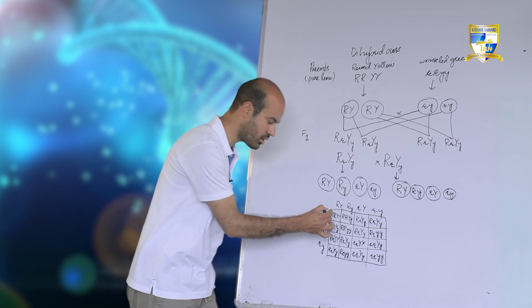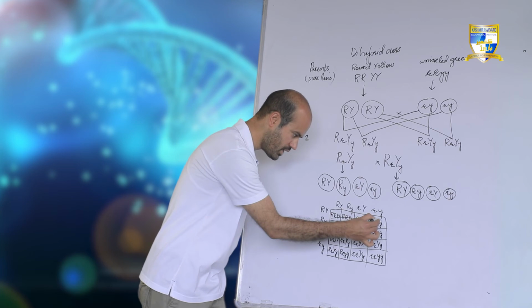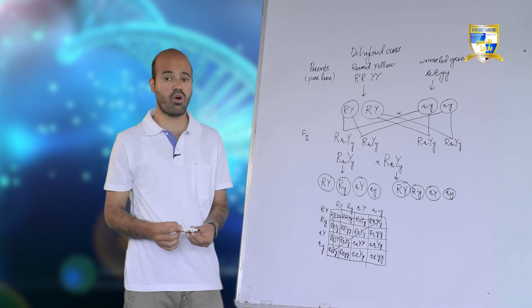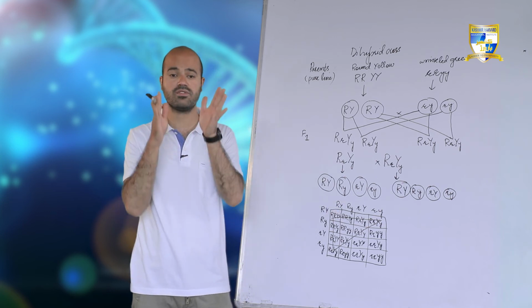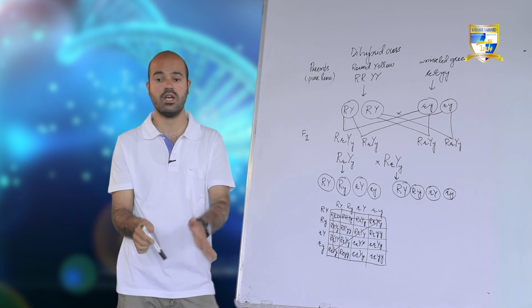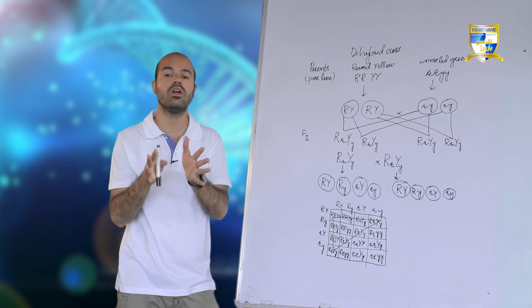This forms a triangle like this. These all the plants will produce seeds which will possess round and yellow seeds. Shape of seed will be round and color of seeds will be yellow.